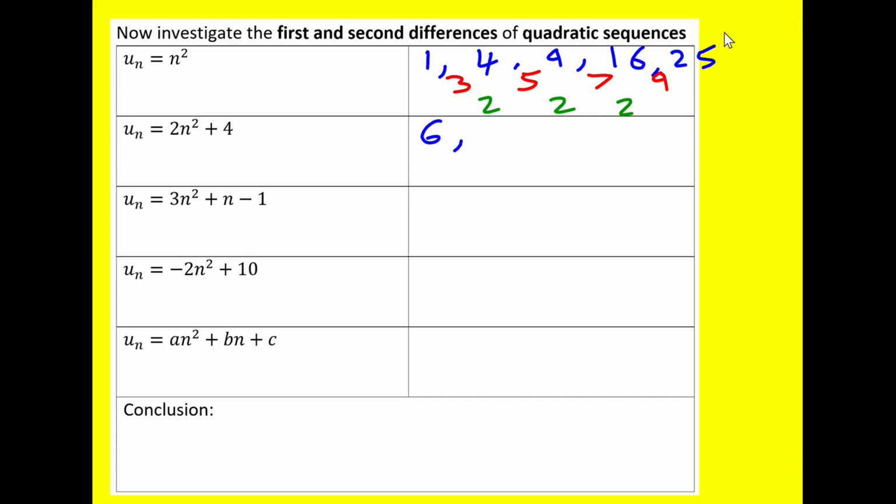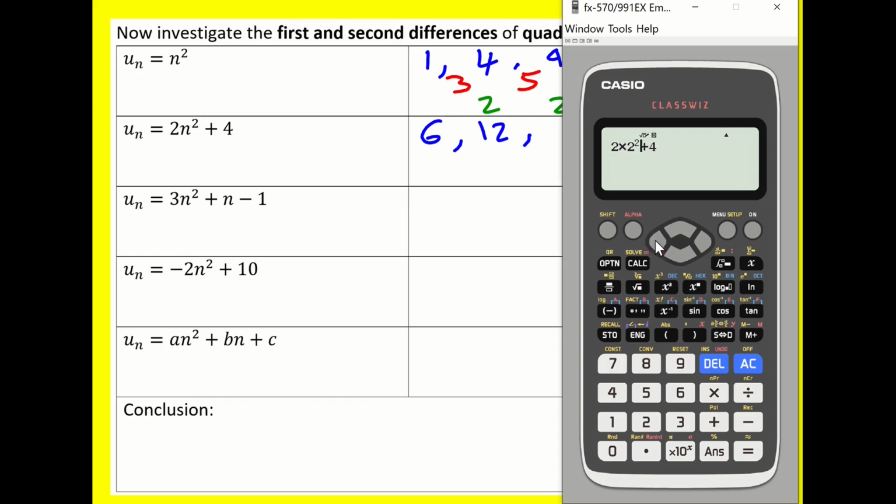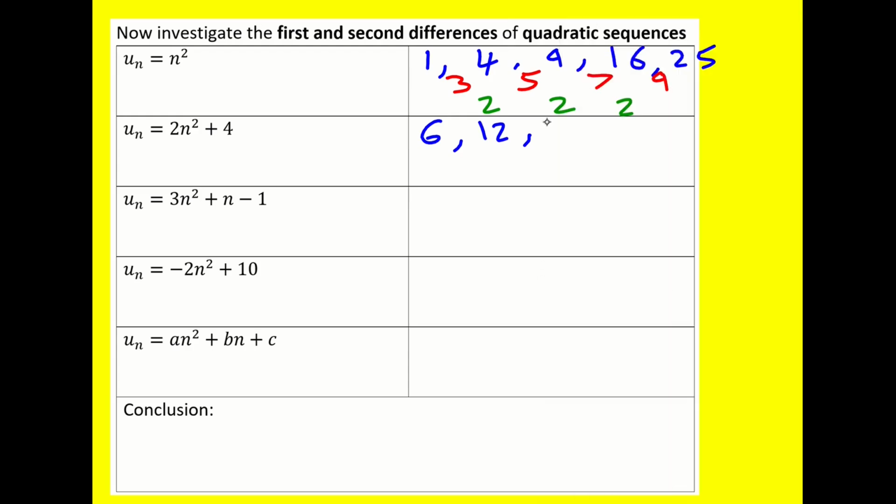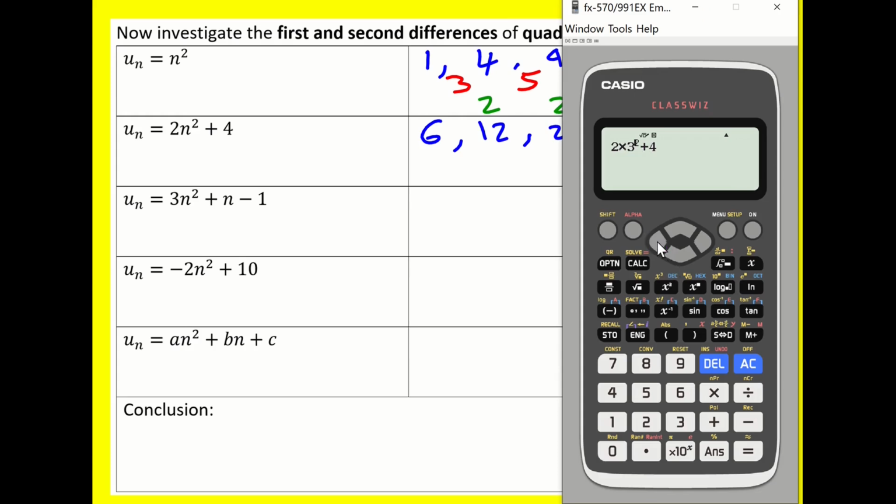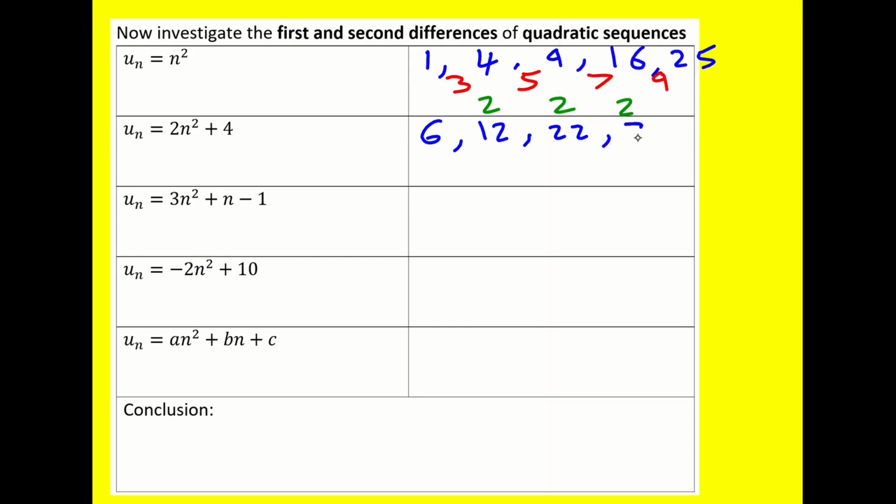Okay, so the next one I get is 12. 22. 36. So if I want to find the first difference, I can see that it's 6, 10, 14. Second difference is then 4, 4. And you could check another one, you will find out that it is 4 each time.